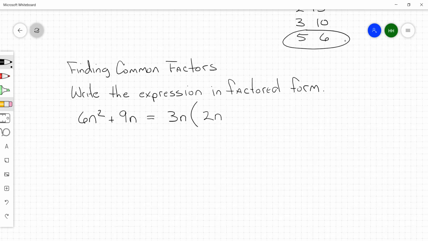And if this sign is positive, then we write a positive. And then we take 9 divided by 3, which is 3. And since our n divided by n is equal to 1, we don't do anything else. We're done. So the factored form of 6n squared plus 9n is equal to 3n times 2n plus 3.